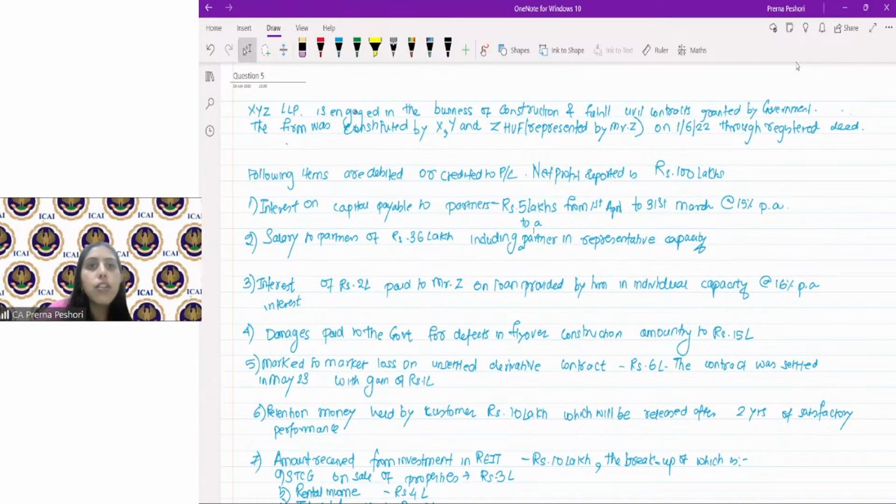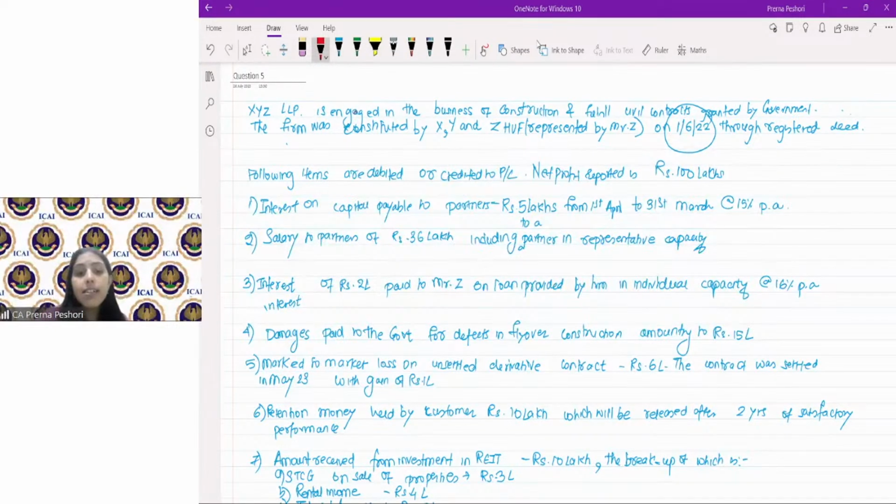So here the interest will be allowed from 1st of June and not from 1st of April, because the partnership deed is basically signed from the 1st of June.